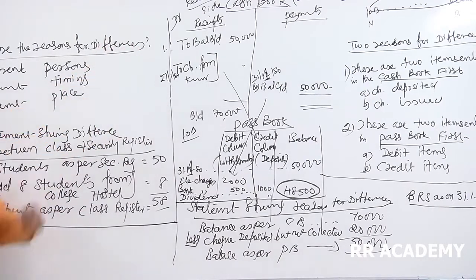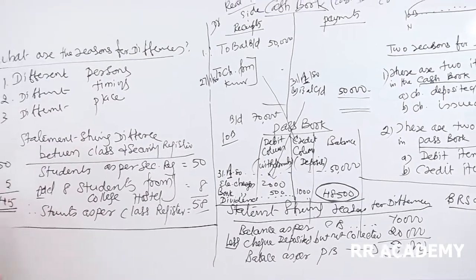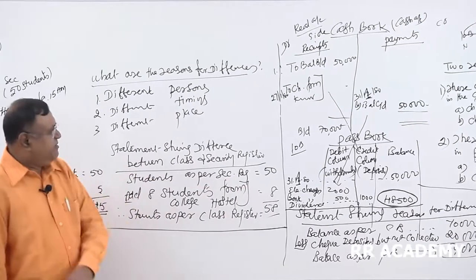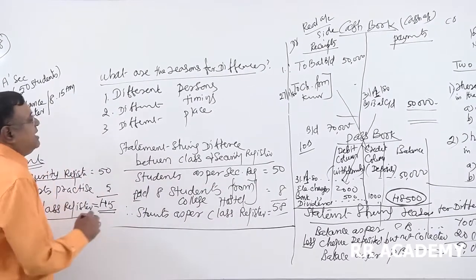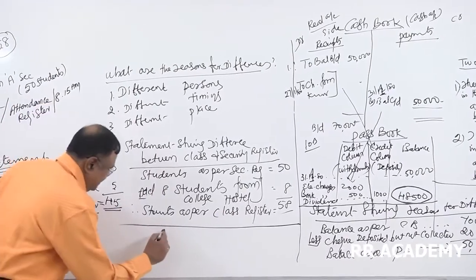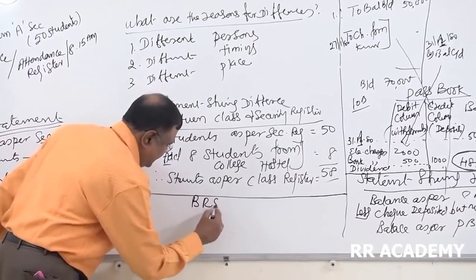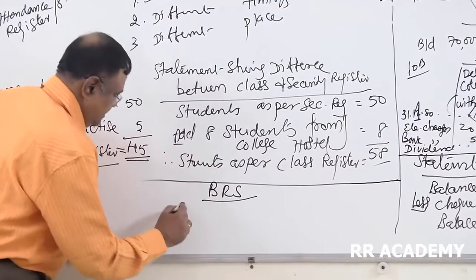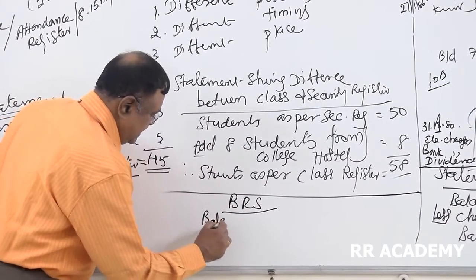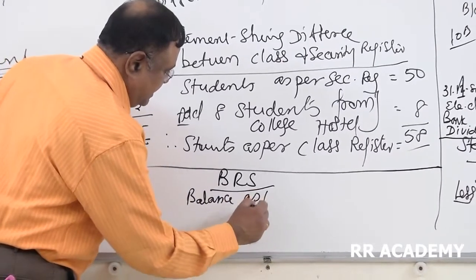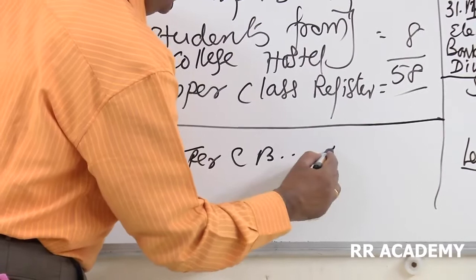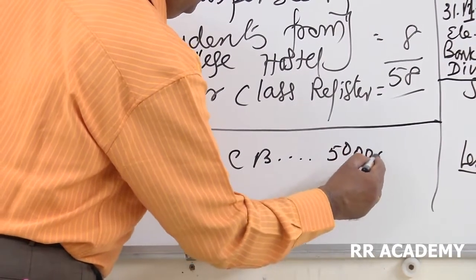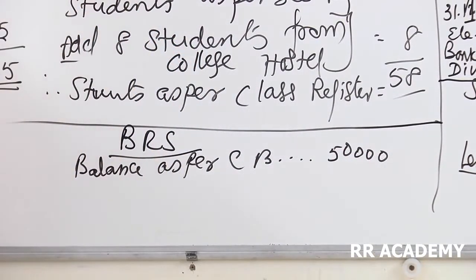Cash book shows 50,000, passbook shows 48,500. Why is there a difference? Now, the accountant says, sir, I will prepare a statement, again BRS. Balance as per cash book, sir, 50,000. Yes, 50,000.